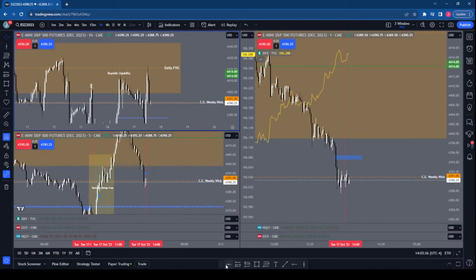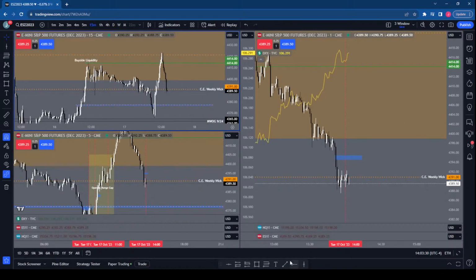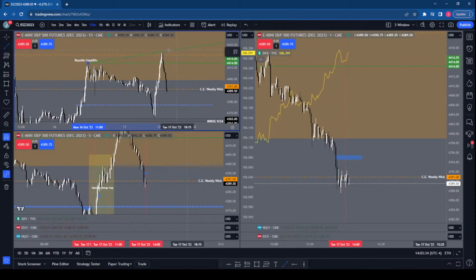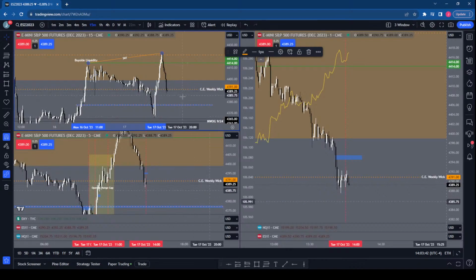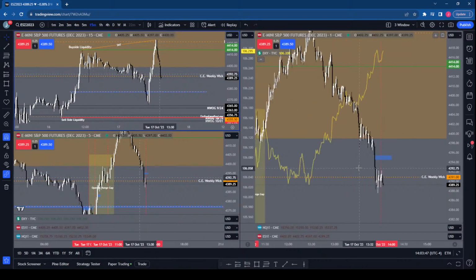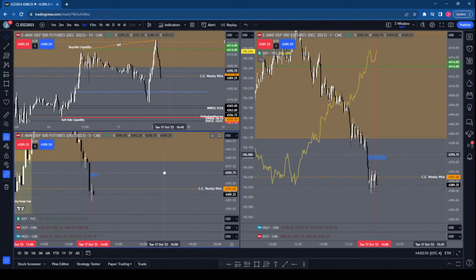So this was an SMT divergence. I'm going to call it out. On the 15-minute, NASDAQ didn't make that higher high. Okay, I like how this is a 5-minute fair value gap right here.